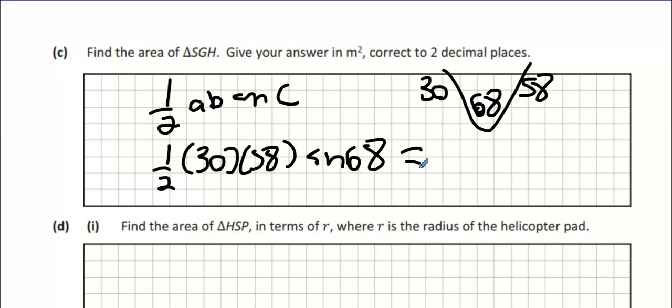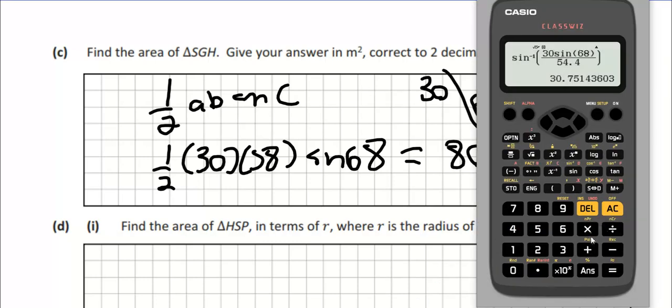You put that into your calculator, 30 by 58 by 68, and you're going to get 806.65 meters squared. So it's half 30 by 58 sine 68.